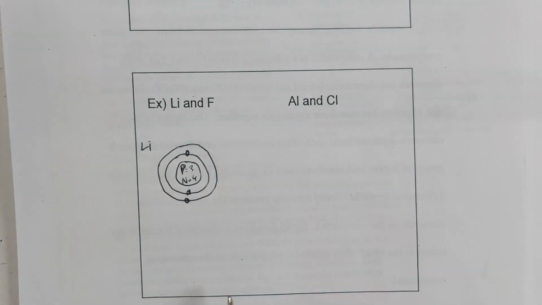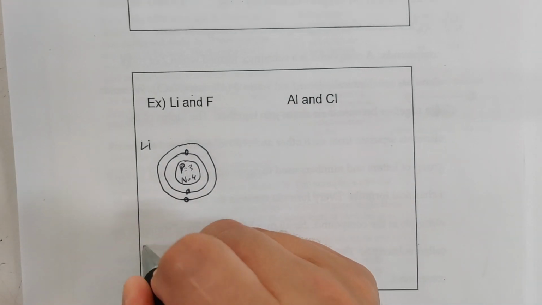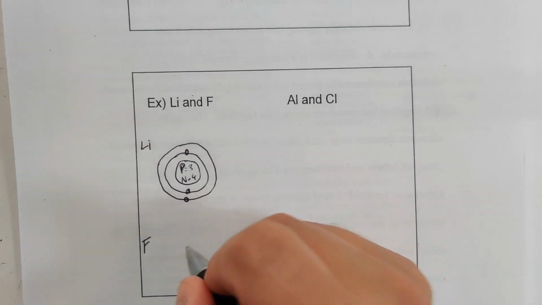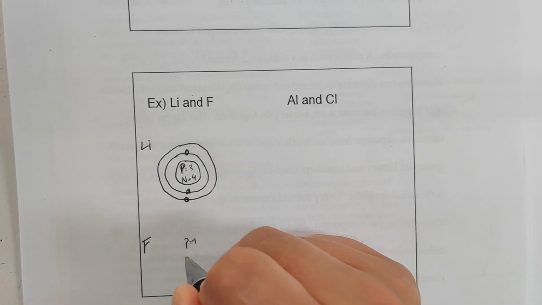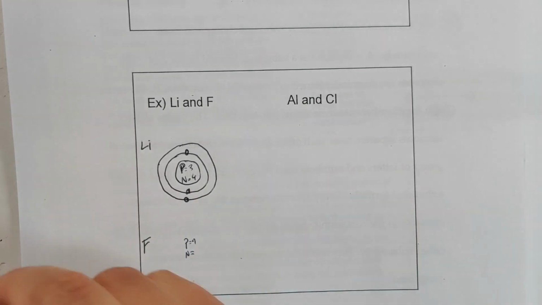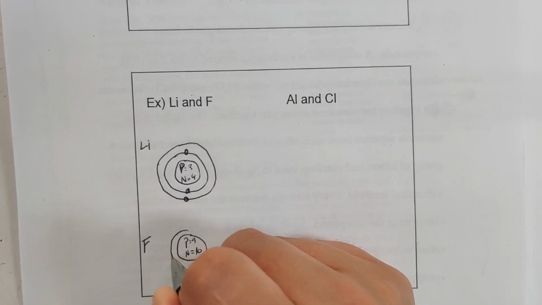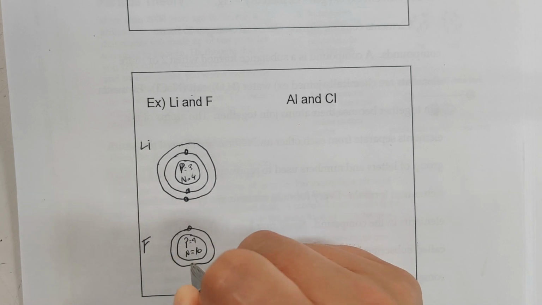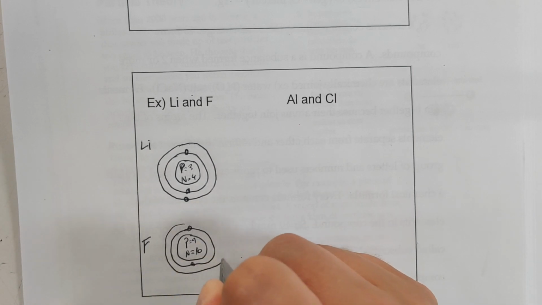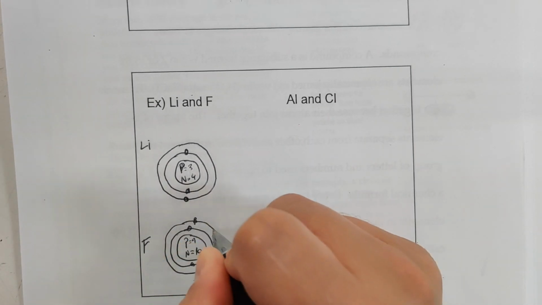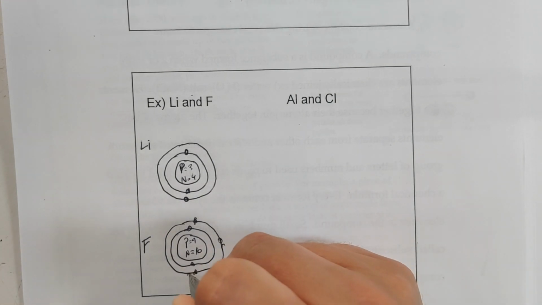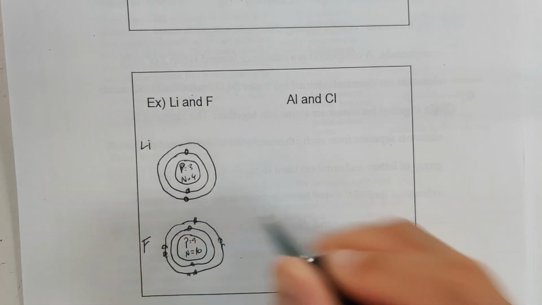Now I can draw fluorine down here. Fluorine has protons equal 9. Neutrons equals 19 minus 9 equals 10. I have to put 9 electrons in rings. So 1, 2, and then I can draw the other 7 in the next ring. 3, 4, 5, 6, 7, 8, 9 electrons.